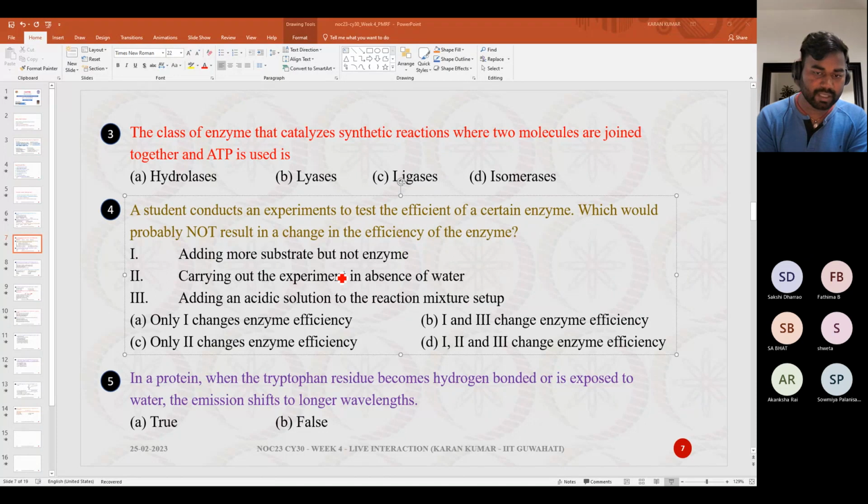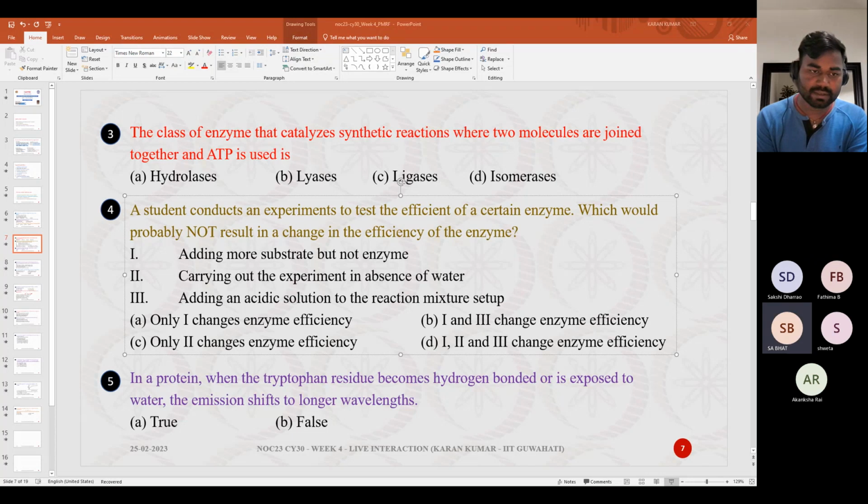What about the second statement? Carrying out the experiment in absence of water. Let us say in your reaction system you initially had water molecules, but you remove the water and then carry out the experiment. Will it affect the enzyme efficiency?